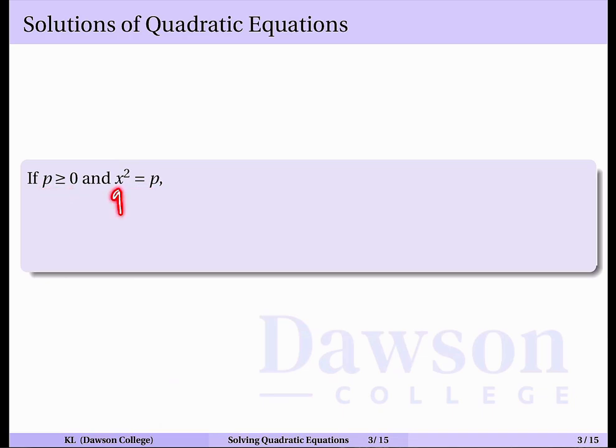On the left-hand side, you have something being squared, that's your x squared. On the right-hand side, this is just a constant, a number.